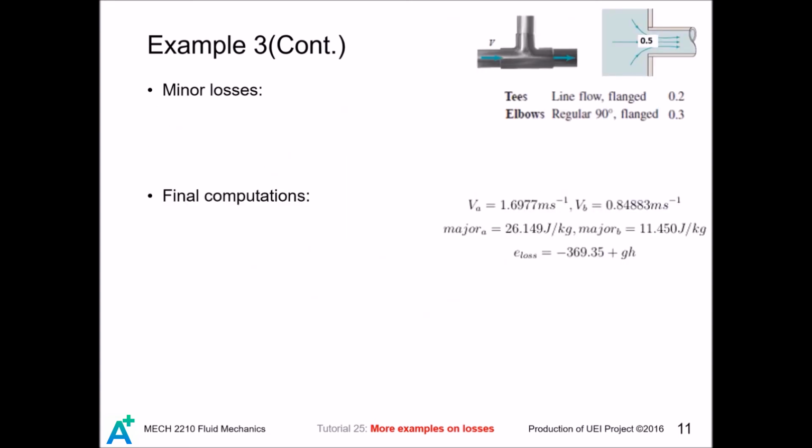Let's also find the minor losses. If you go back to the previous slides, you see that the problem has a sharp inlet between the tank and the pipe A. And the question says there are 15 elbows in pipe A. So the loss coefficient is 5 for pipe A. And for pipe B, there is only a T there.